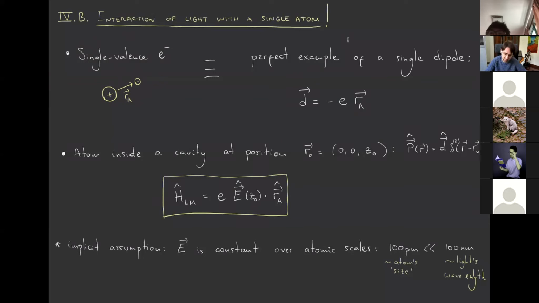And we also discussed that this has the implicit assumption that the electric field is constant at atomic scales, so we can really take it at one specific position, let's say the position of the center of mass of the atom, and that's enough. We justify that because the atom's size is way smaller than the wavelength of light, which is the distance over which the electric field of light changes.